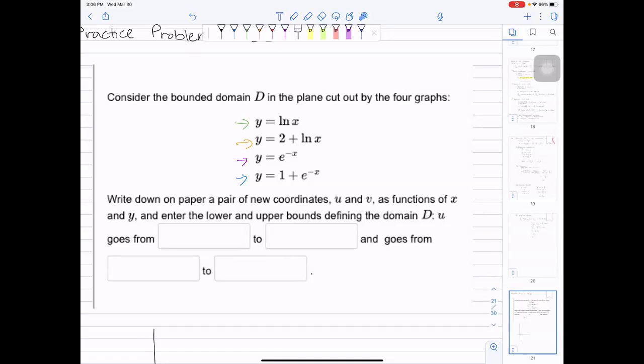Okay, does anyone have any ideas? First, let's draw what it even looks like.